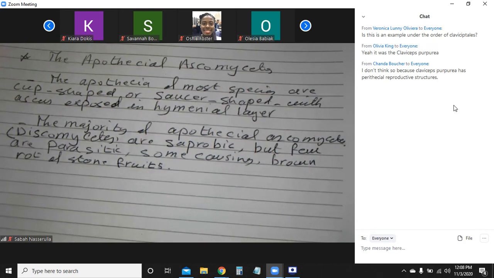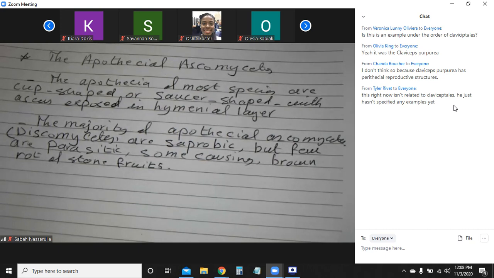We call it stone fruit because sometimes if you eat a pear or something like that, it also has these sclerenchyma cells, special cells in stone fruit.